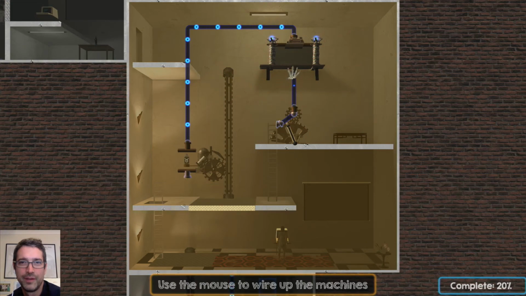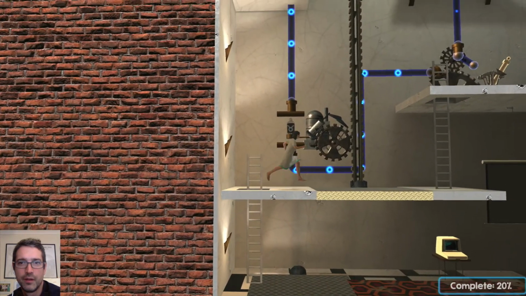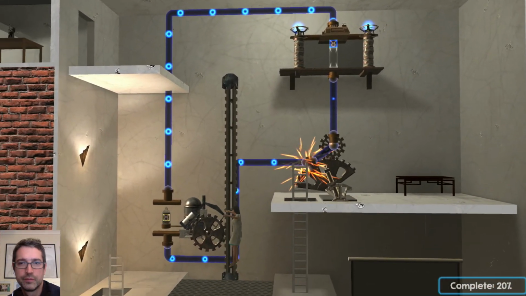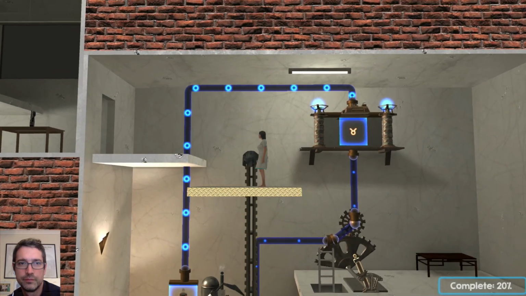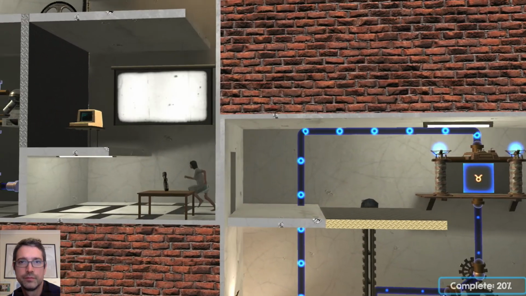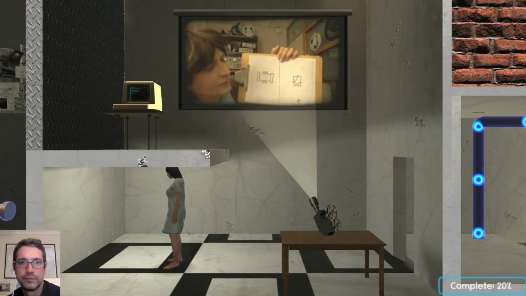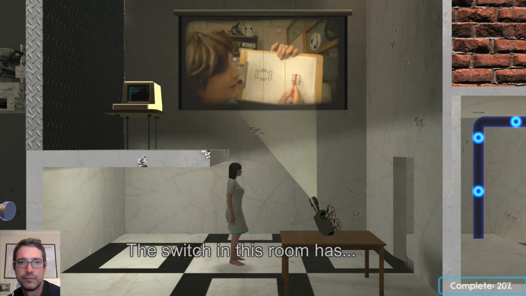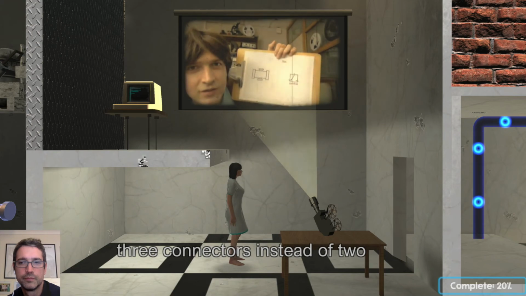Let's see this one. Again, we need it off to start with. The switch in this room has 3 connectors instead of 2.